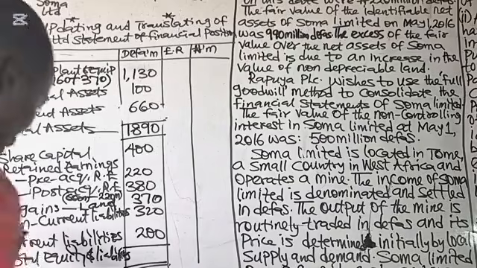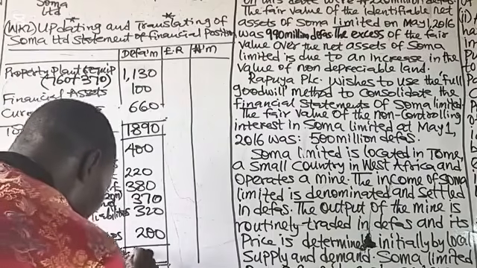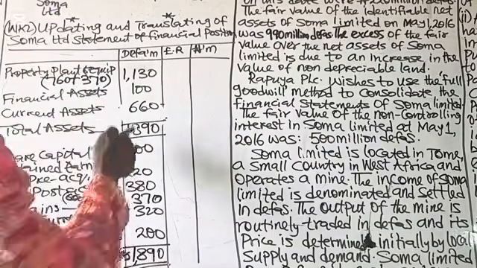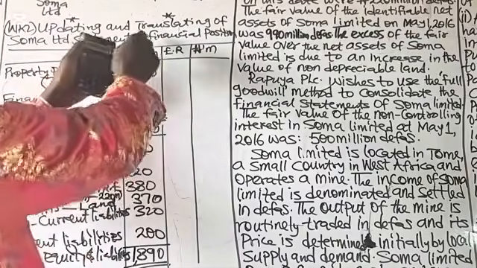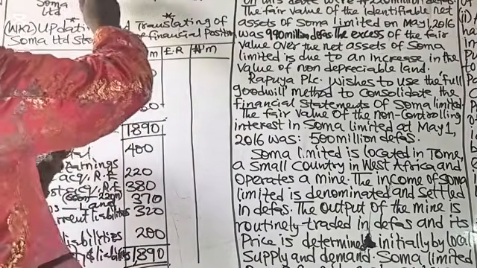So this is also 1,890. The total asset must agree with the total equity and liabilities. So after updating, we've done with the updating process.